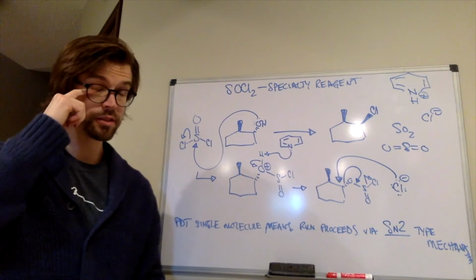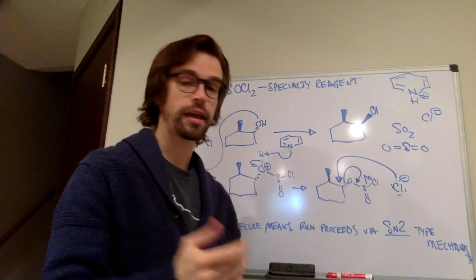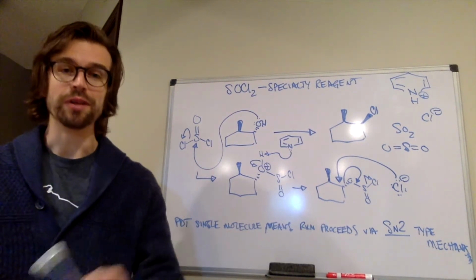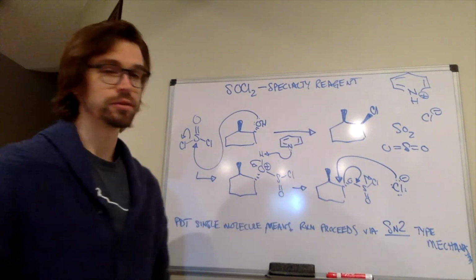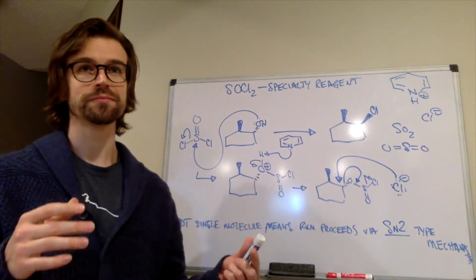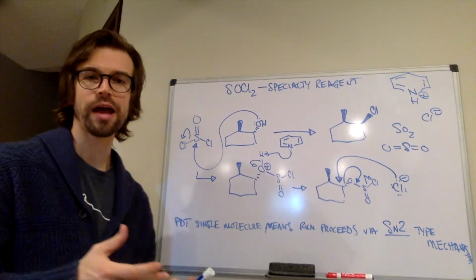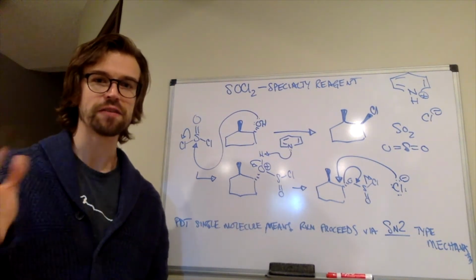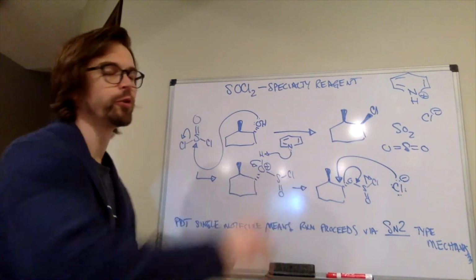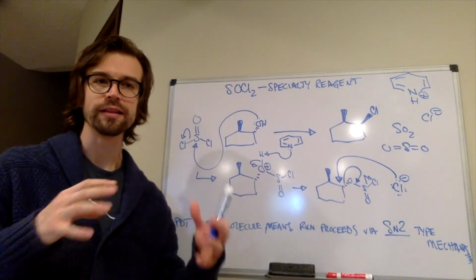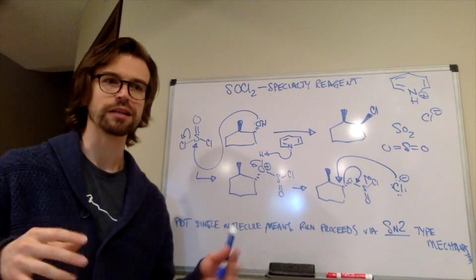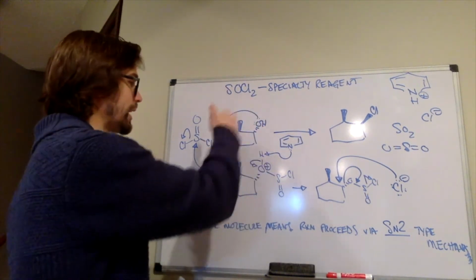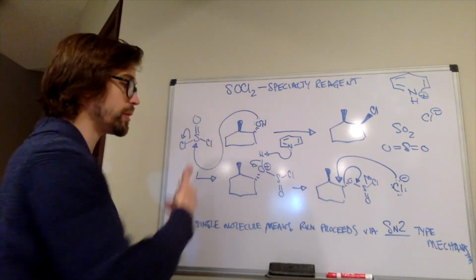So this is a specialty reagent. Again, I mentioned specialty reagents. They always do bimolecular things. So when you see something like SOCl2 or POCl3, it's kind of hard to reason out why one of them does elimination and one of them does substitution. That is something that I think you're going to have to memorize. But working through the mechanisms, writing those things out, at least helps you build those memorization connections a little bit better. And hopefully some of the arrows are intuitive. I'd say this first arrow is very intuitive, negative flowing to positive.